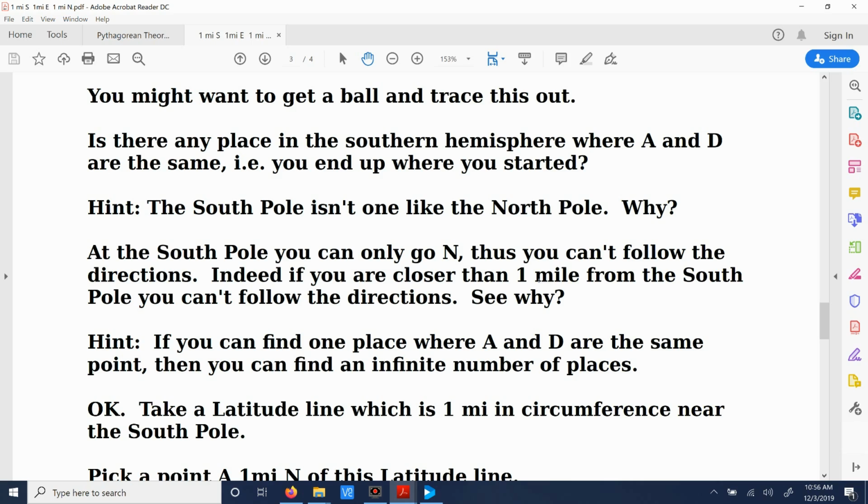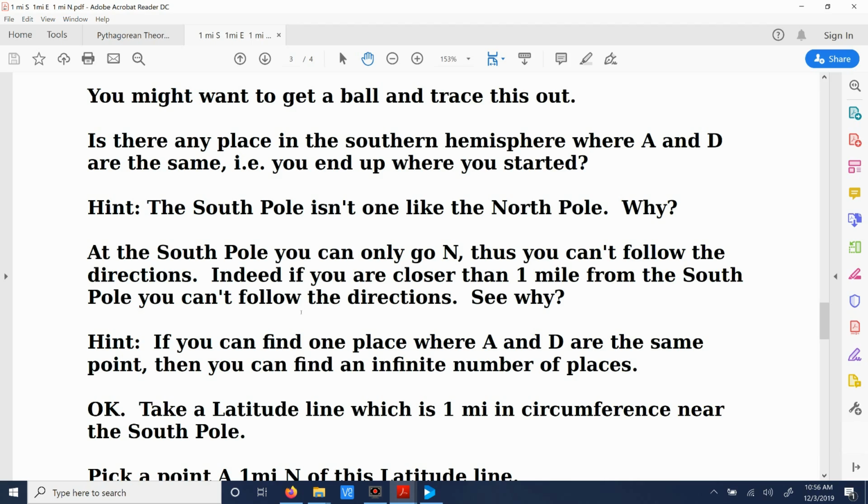So there's actually an infinite number of points where you cannot even follow these directions. I didn't ask that question. And by the way, if you're making up riddles to stump people with, that's a good one. Here's the directions. You go a mile south, a mile east, a mile north. Are there any places on Earth where you can't do that? Where you just simply can't do that? And the answer is yeah. If you're within a mile of the South Pole, you can't do it.